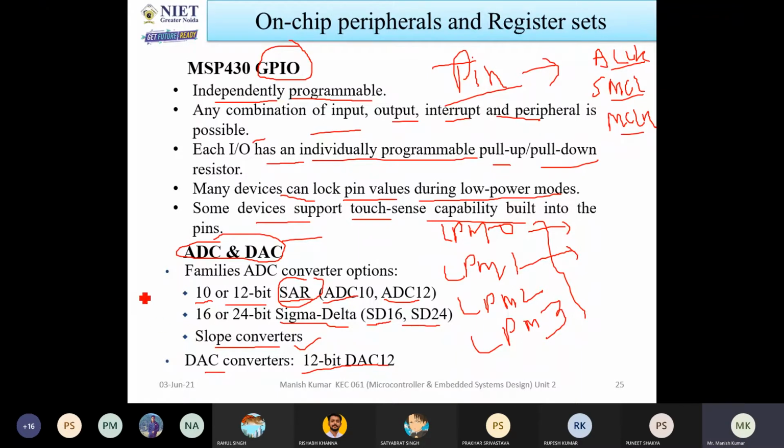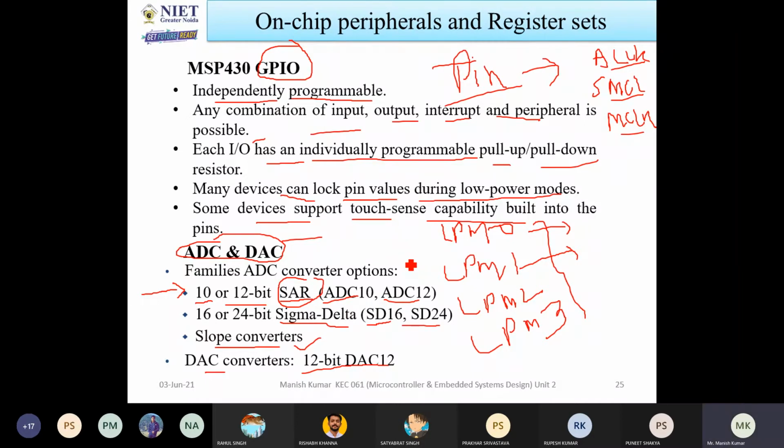So generally in 99% of cases, 10-bit SAR is present in all the microcontrollers. Whichever microcontroller has an ADC, around 99% of the time it has a SAR, okay, since it provides the best accuracy. And also it is used in digital circuits to provide an interface between the processor and any devices.